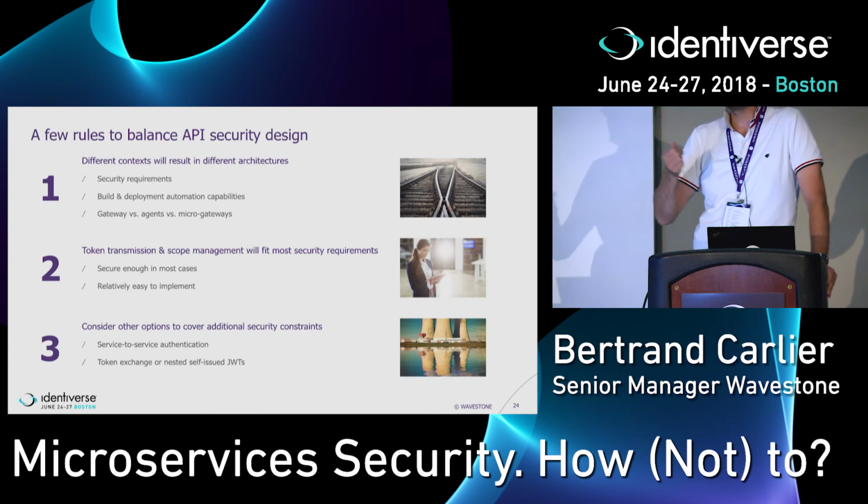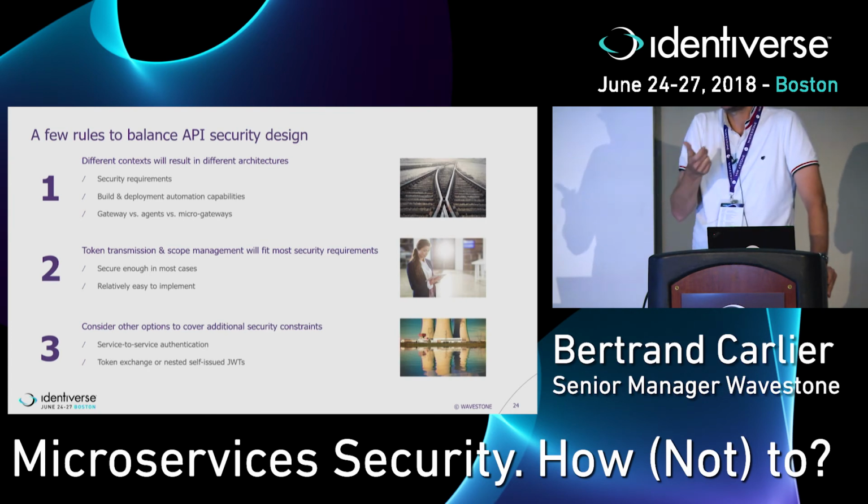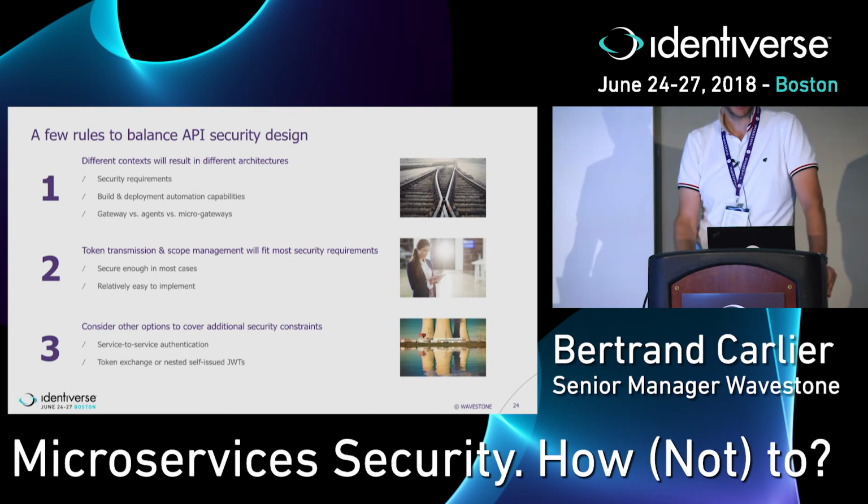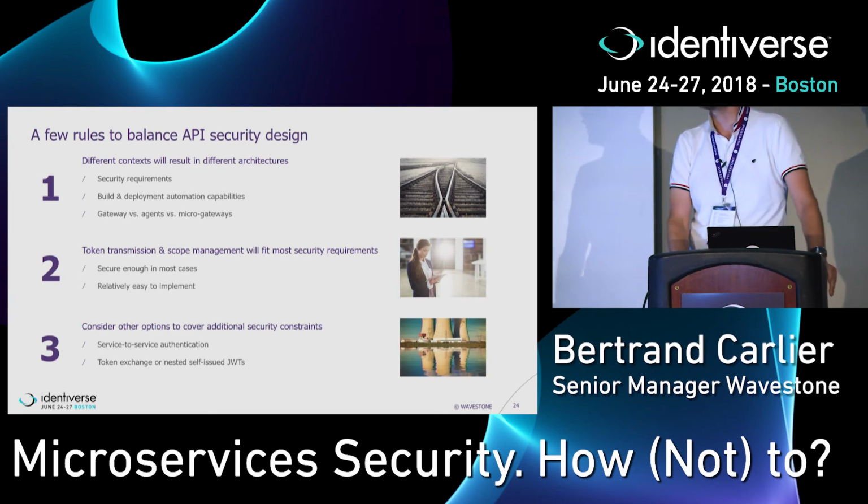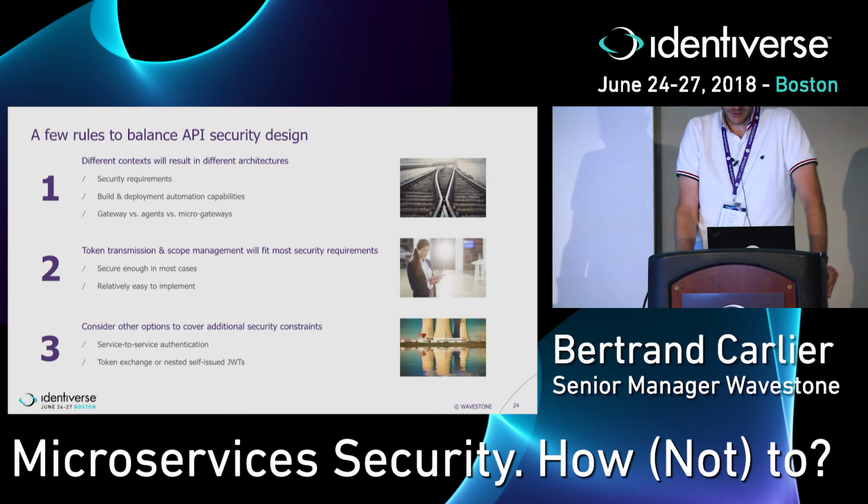And there's the debate, of course, always. It's a 15 years debate about whether you use a reverse proxy approach or an agent approach, or now you have the options to do a macro gateway approach. So that's one more question for your security architects to tackle.